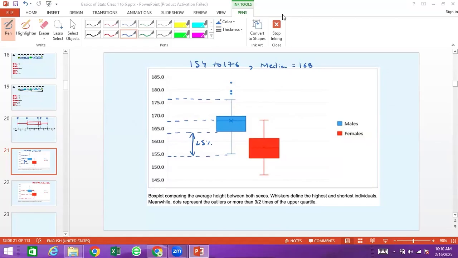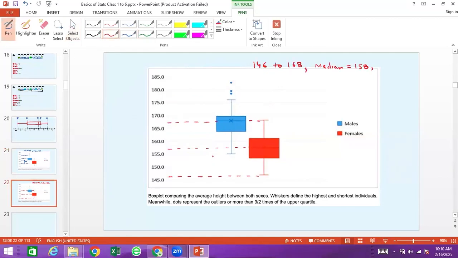So 25% of people are here. Similarly, I can say that for girls, 25% of the girls have their height between 146 and, let's say, 153.